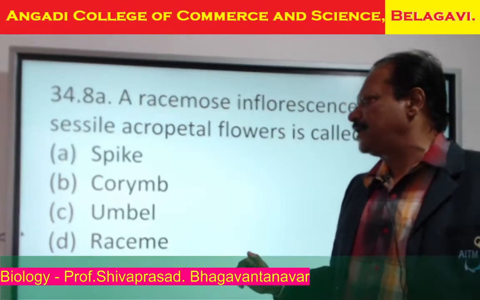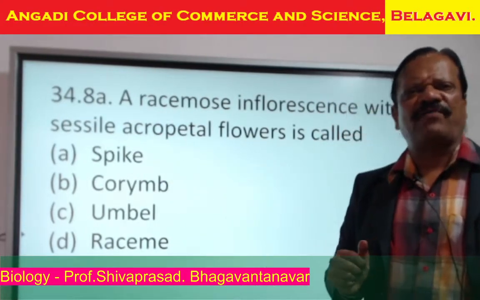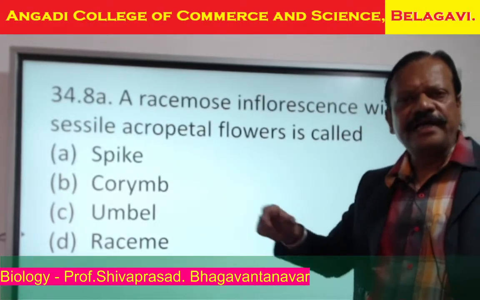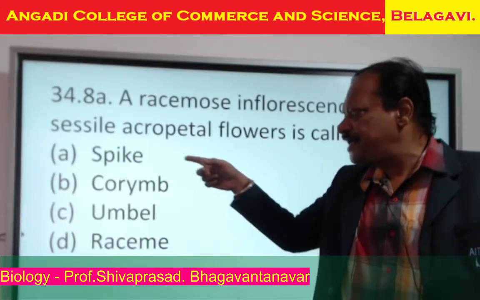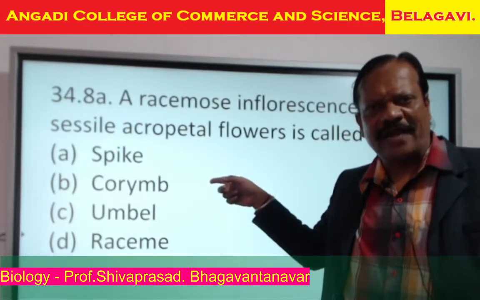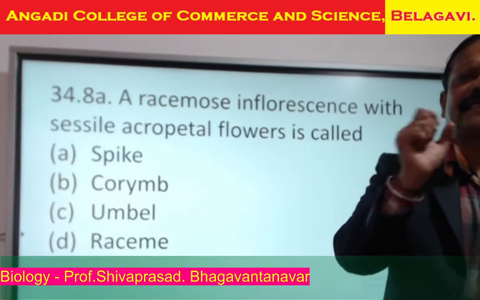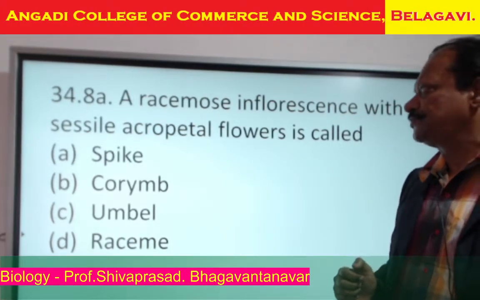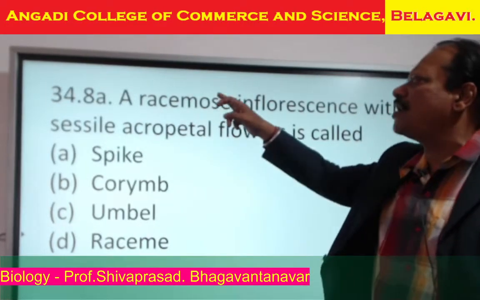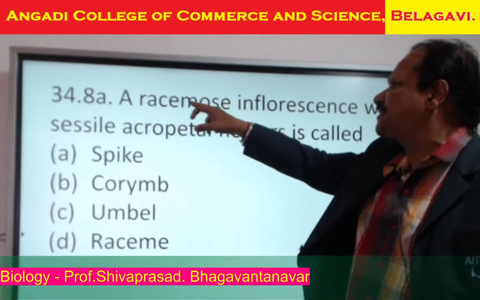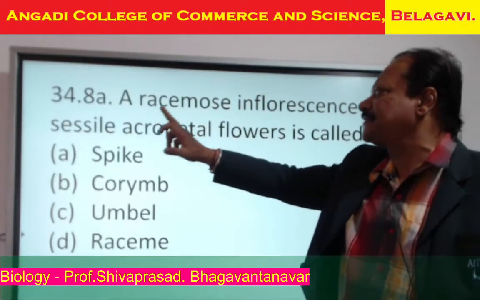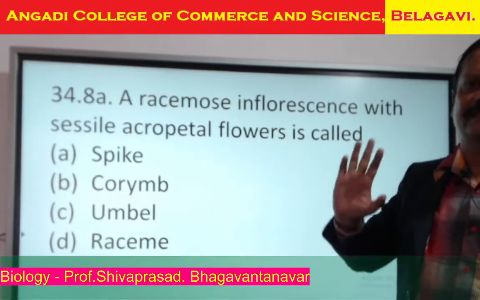Say, for example, the spike type of inflorescence. In a spike, it is a long elongated floral axis. On either side, the sessile flowers are produced. So the question is a racemose inflorescence with sessile acropetal flowers.